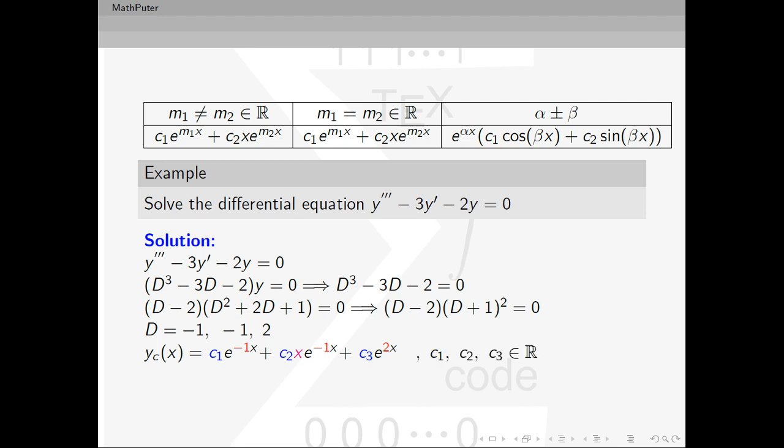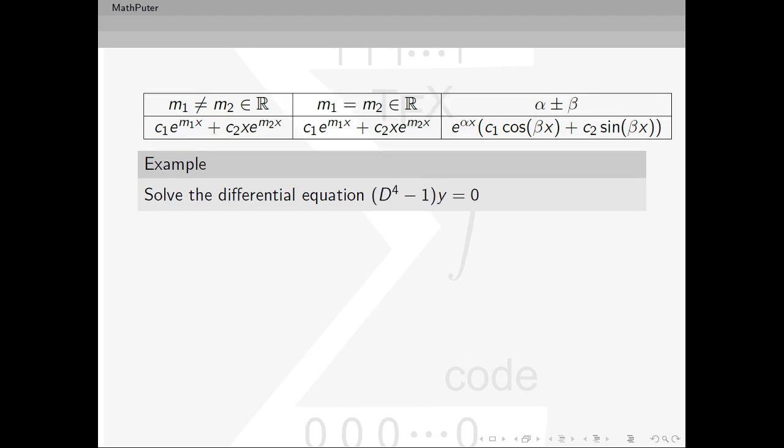The next example: the differential equation d raised to 4 minus 1 into y equal to 0. Here we have the differential equation given in terms of d itself, which makes our task very easy. The auxiliary equation is d raised to 4 minus 1 equal to 0.